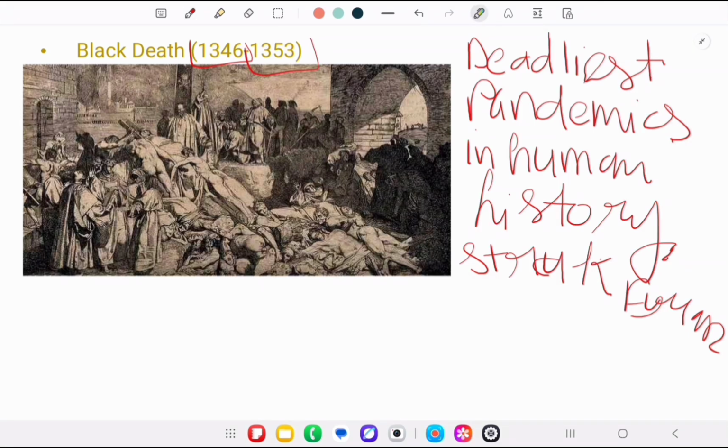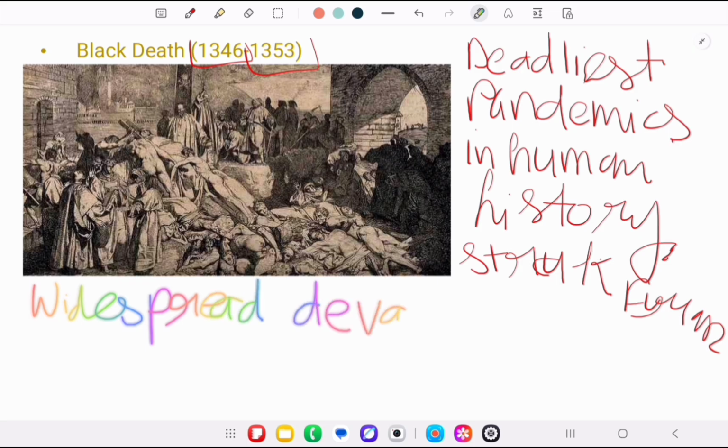It caused widespread devastation and gigantic loss of life.